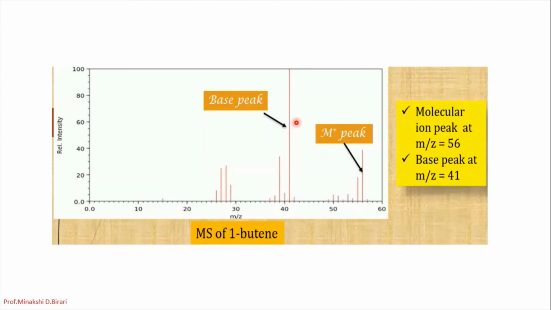If the height is more, that means it is present in more amount in the sample. So the tallest peak is also called the base peak, and its height and intensity are greater. So in case of terminal alkene 1-butene, the base peak is at M by Z 41. That is the interpretation of the spectrum of 1-butene.